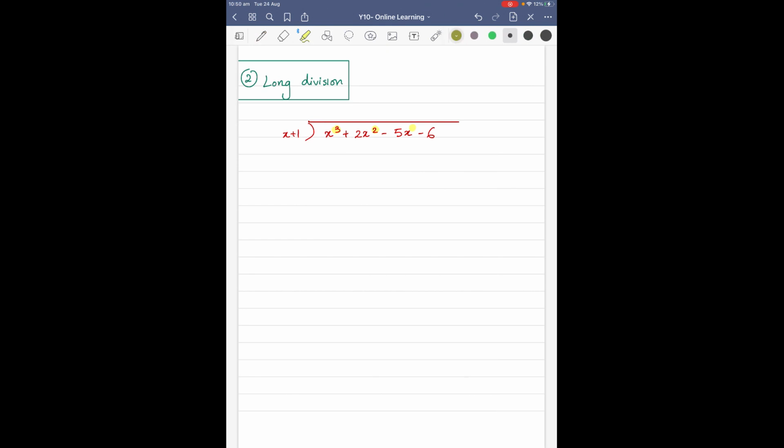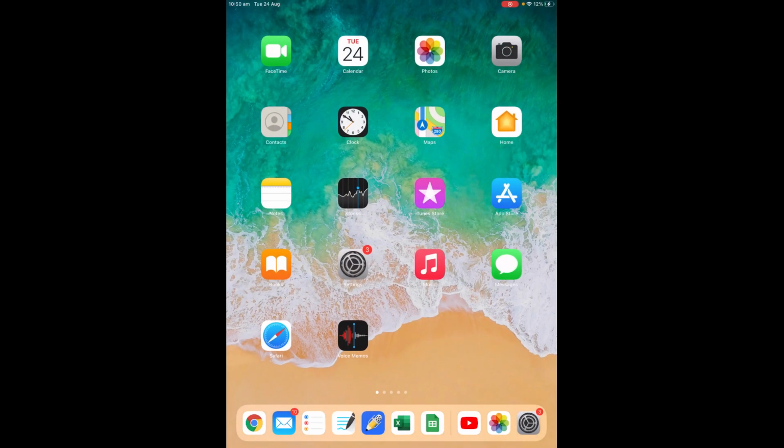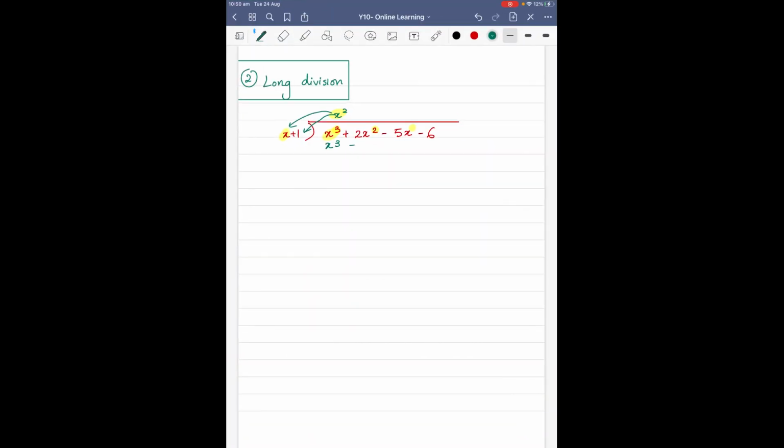Let's go ahead and start our long division. So this times x has to give you x cubed. So we know x squared times x gives you x cubed because it's going to get rid of it when we subtract. x squared times 1 gives you positive x squared.